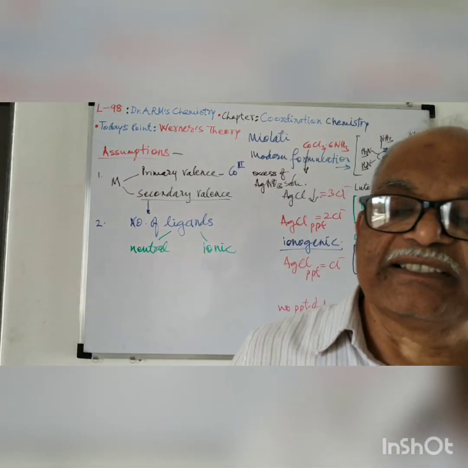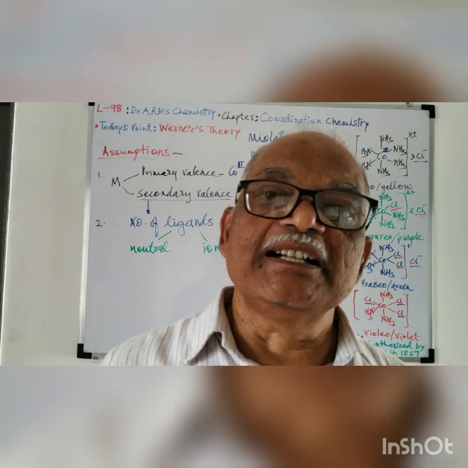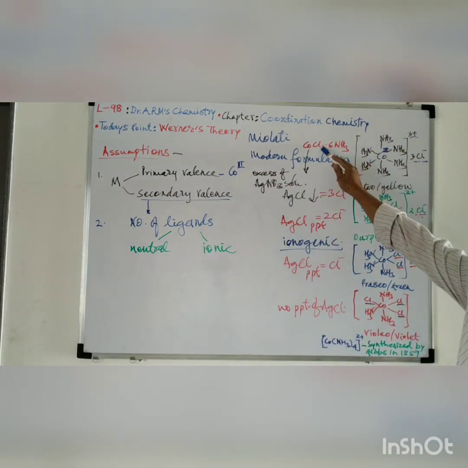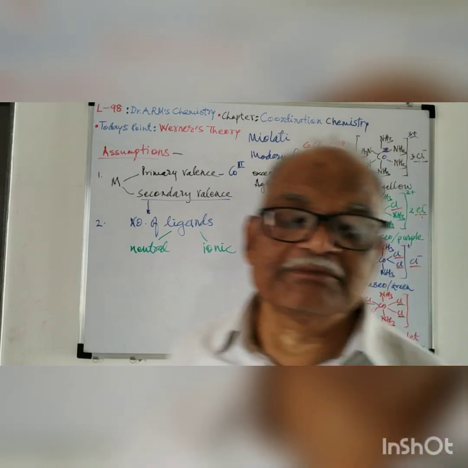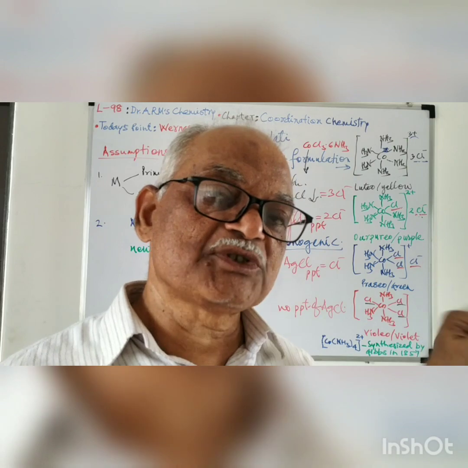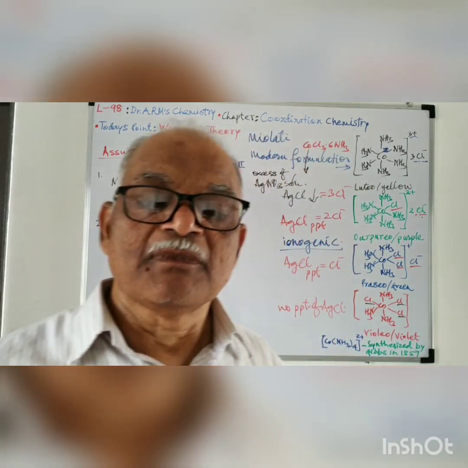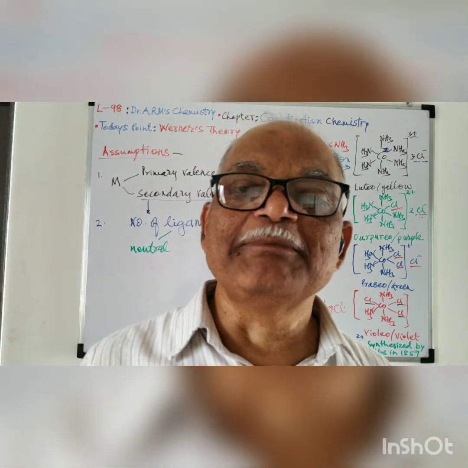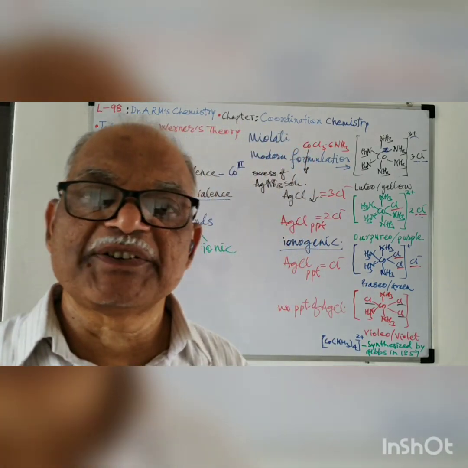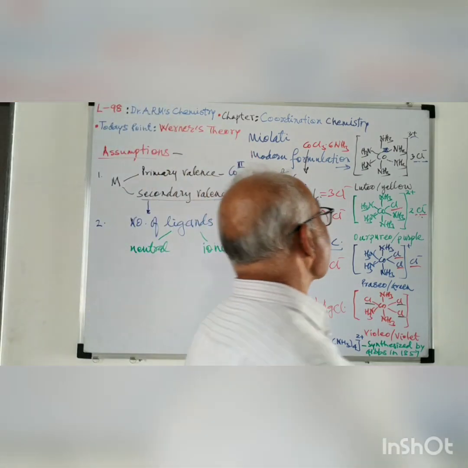Further, in the last lecture we saw that the Cl- ions present in these complexes, means the ligands shown outside the square bracket, are tested with simple chemical reactions, and from the results we can detect the presence of these ions.